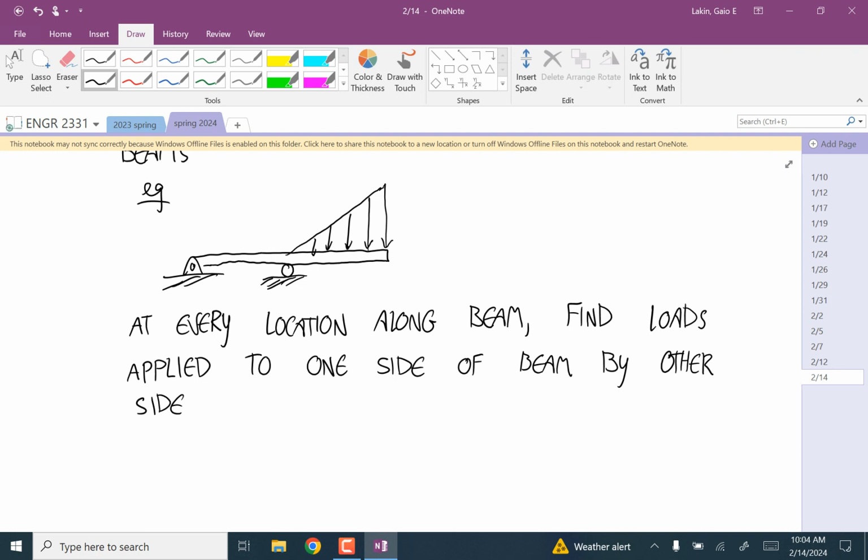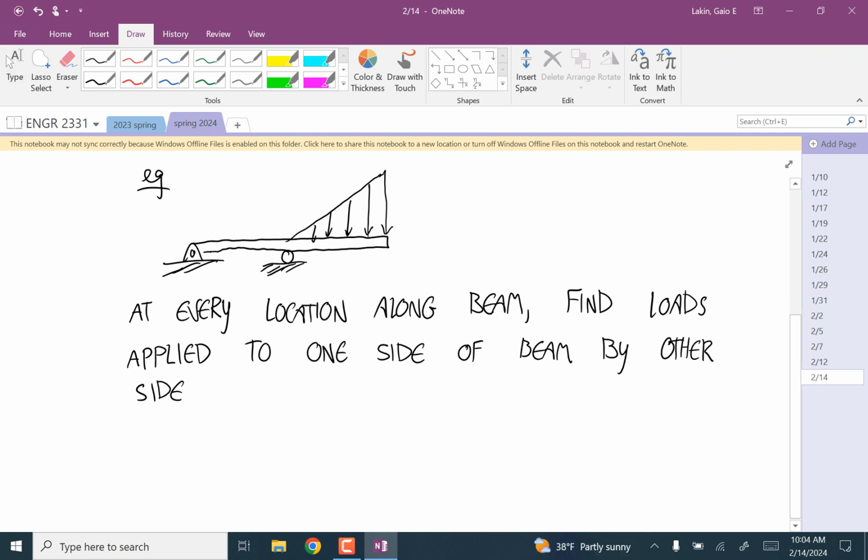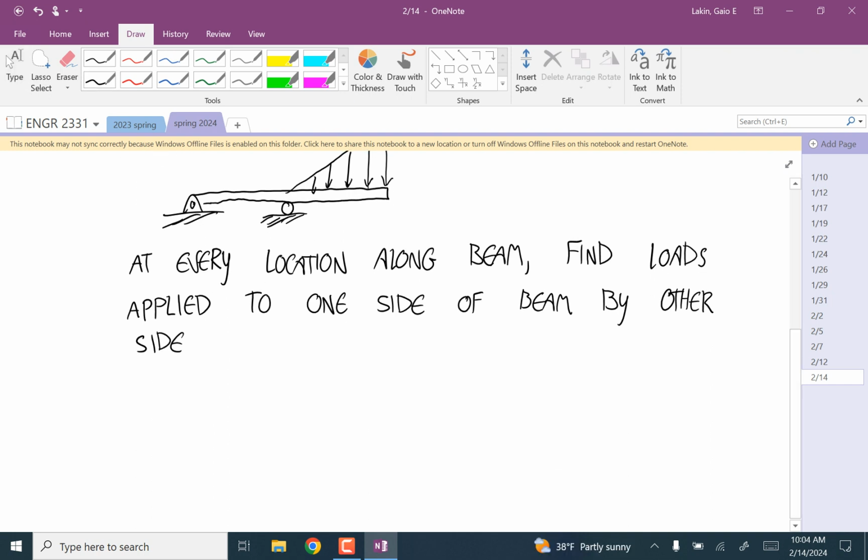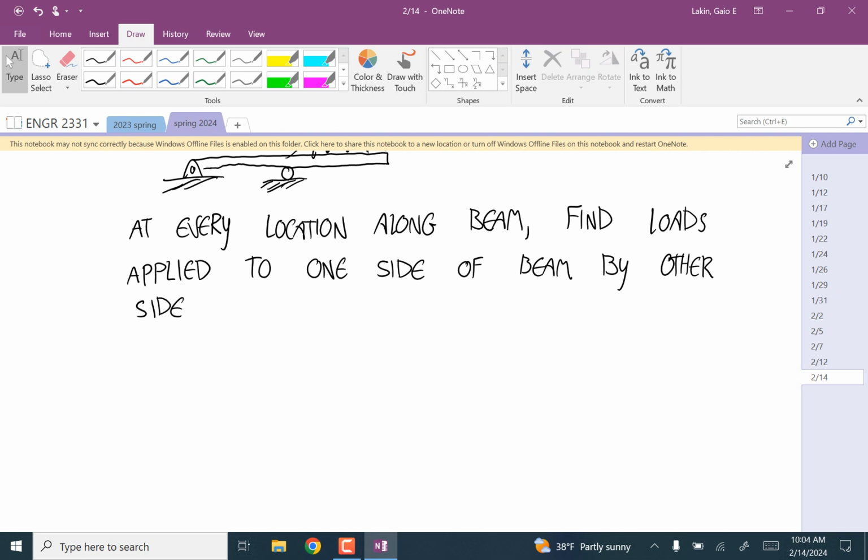Okay, so what are stresses in beams compared to internal loads? How do the stresses compare to these internal loads?